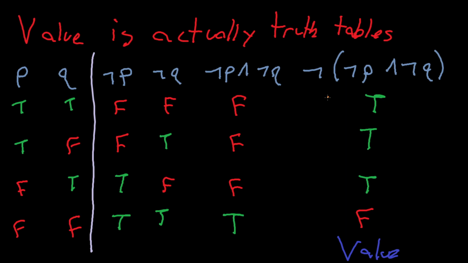Secondly, this is exactly what we would want out of P or Q. True, true, true, false. Only false when both P and Q are false. Like I said, it's not necessary to prove that this aligns with P or Q, because we've actually defined P or Q to be this expression on the right.